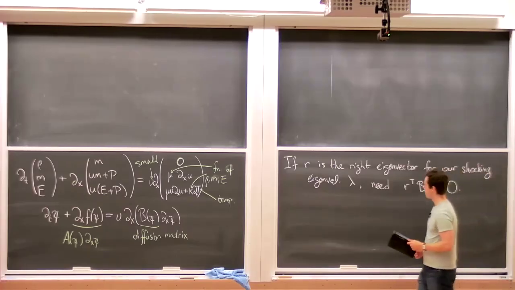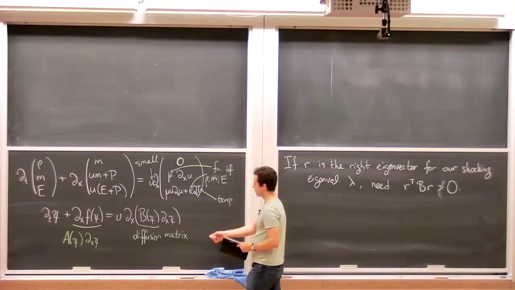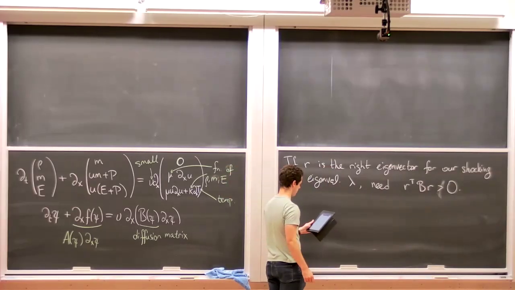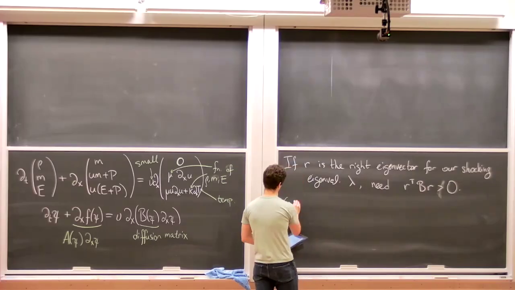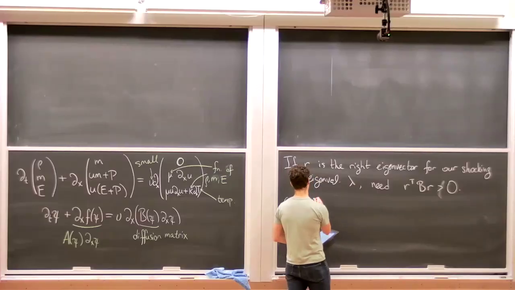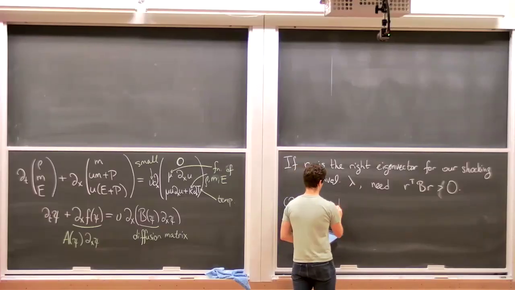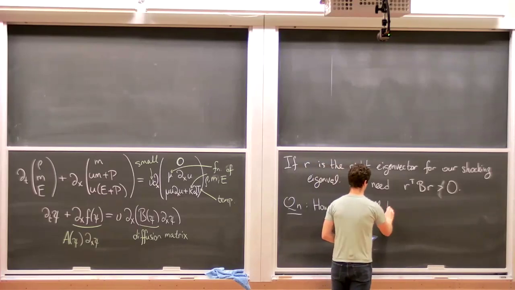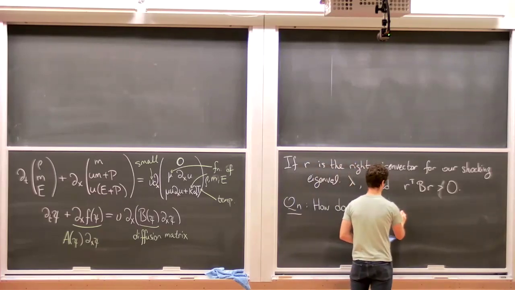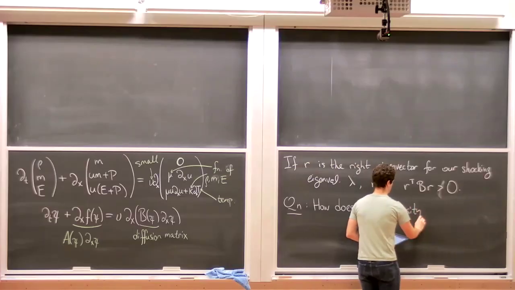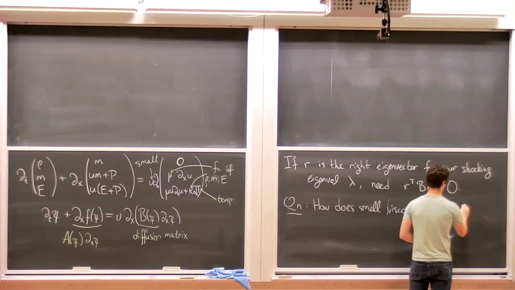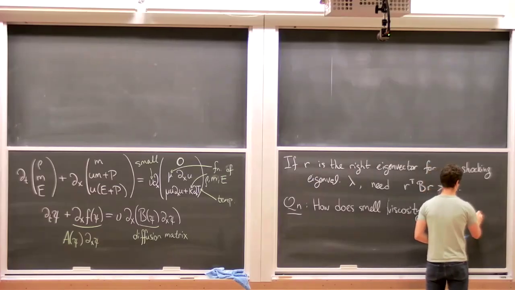So given these properties for a general nonlinear diffusive conservation law, the kind of big picture question I want to ask is, how does a small viscosity modify shock formation?